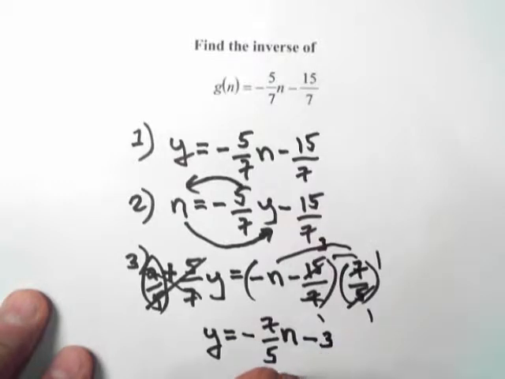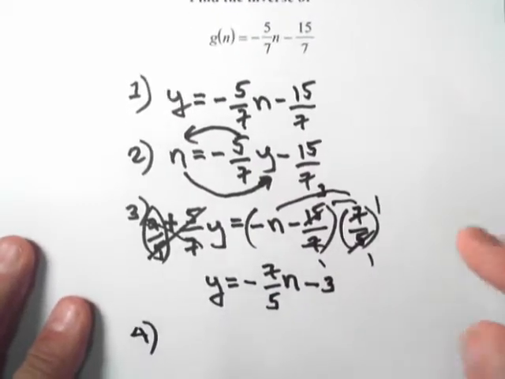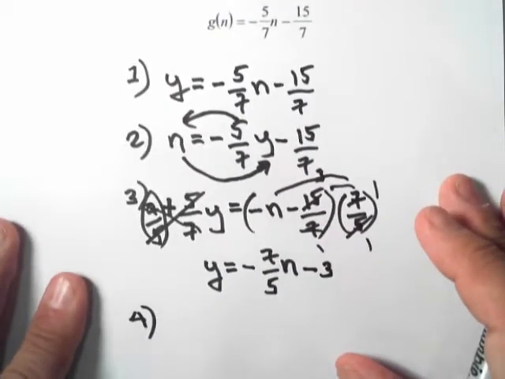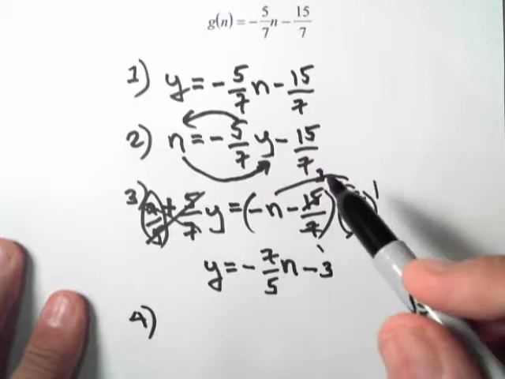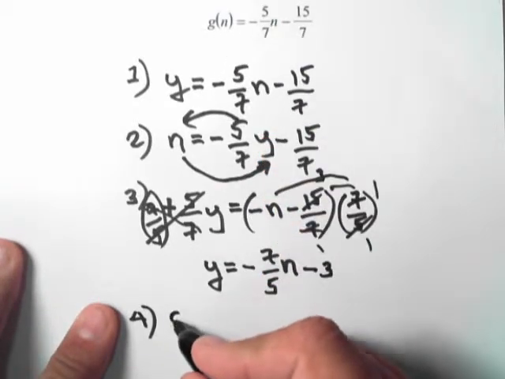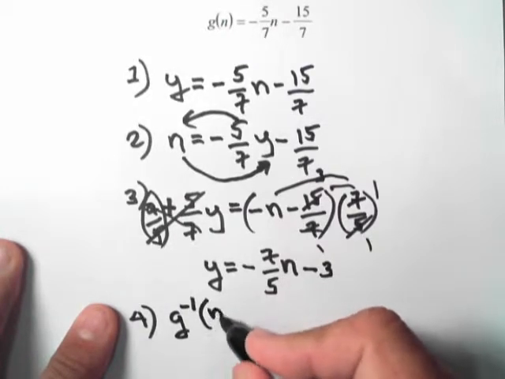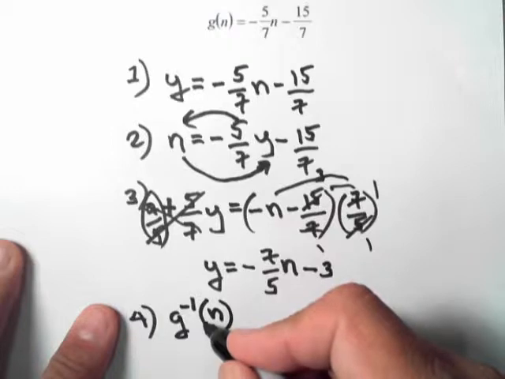There's one last step, and that's just to kind of pretty it up here. We turn around now and replace our y with g of negative 1, because that's the function letter used. So g negative 1 of n, and I'm just writing that in.